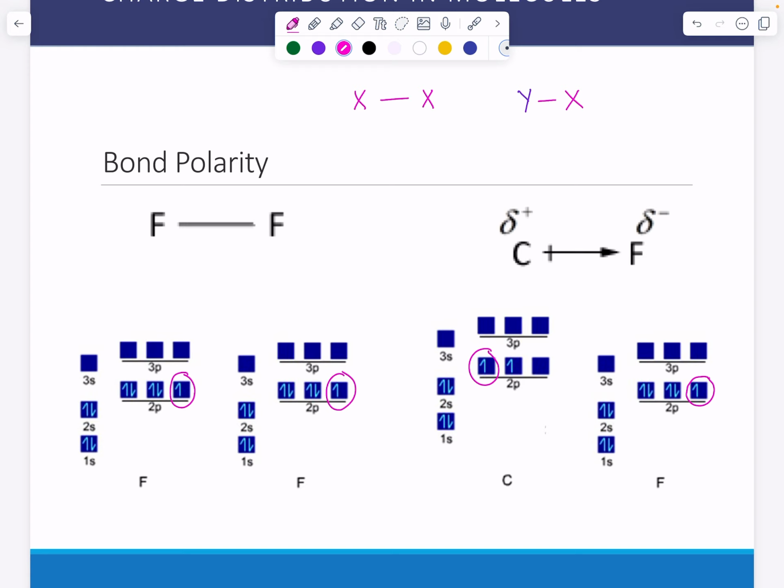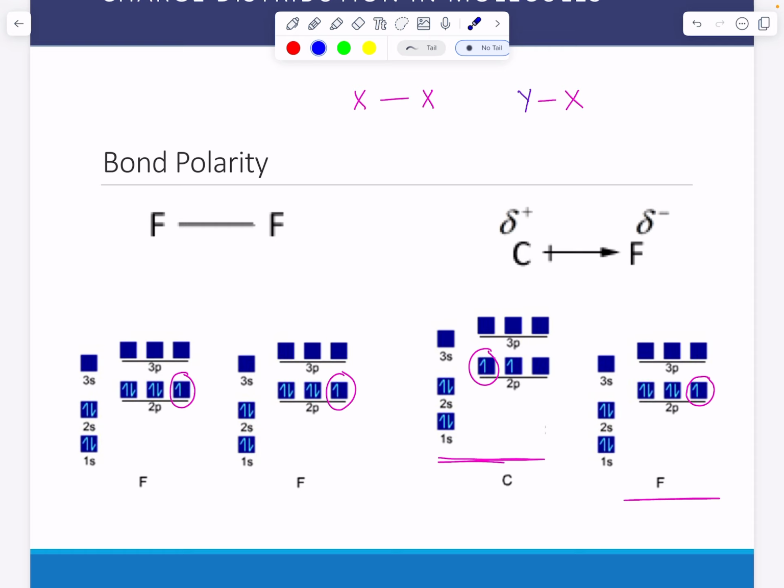You'll notice that in carbon, all the orbitals are slightly higher in energy than fluorine. Remember, as you go to the right on the periodic table, your orbital energies decrease. So this diagram here is not me misaligning the orbital diagrams. They reflect the fact that these orbitals are higher in energy than these ones.